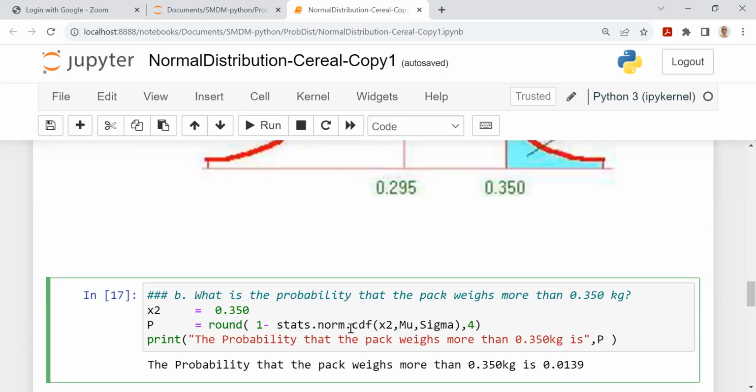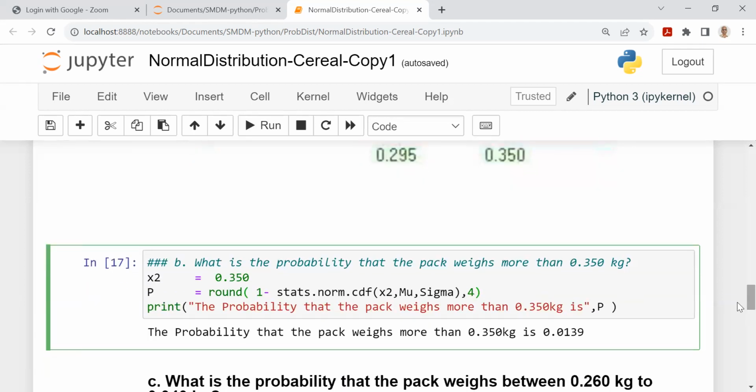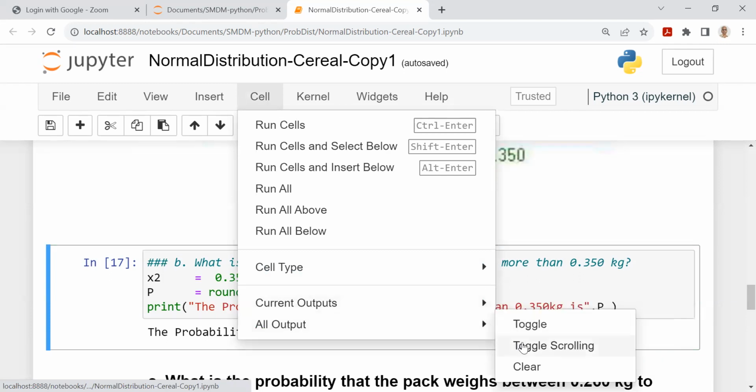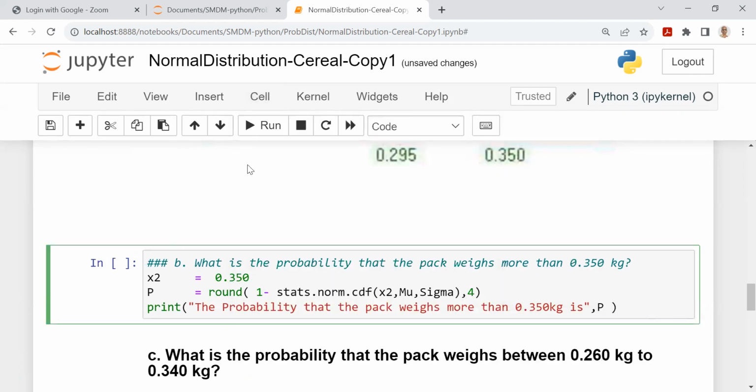P equals 1 minus stats.norm.cdf of x2, mu, sigma, rounded to 4 decimal places. Print the probability that the pack weighs more than 0.35 kg is, within quotes, and P. The moment I execute this, I'm going to get the answer. Let me clear all the output here and execute this now as before.